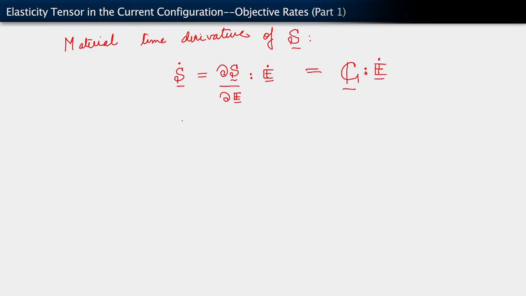In coordinate notation we have S dot ij equals C ijkl E dot kl. Okay, this is what it's used for.